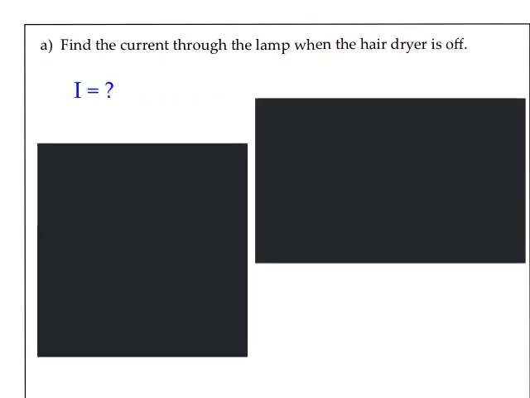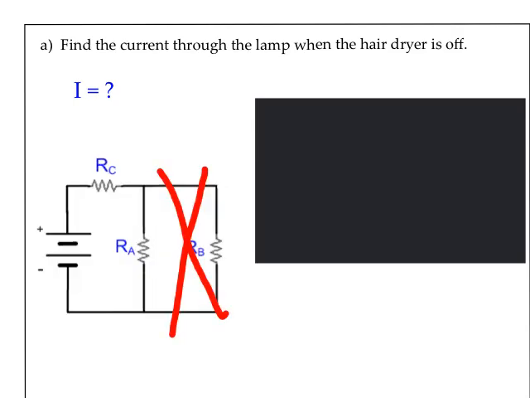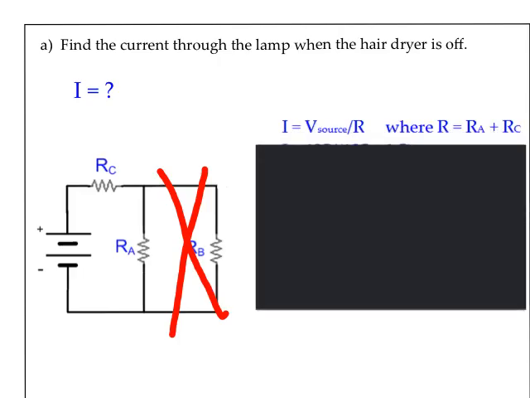So first, we're asked to find the current through the lamp when the hairdryer is off. So what I did was consider the circuit and the schematic diagram and turn the hairdryer off, which means this entire section, that parallel branch, would not be needed. And what that does is it allows my equivalent resistance to be these two resistors in series with each other.